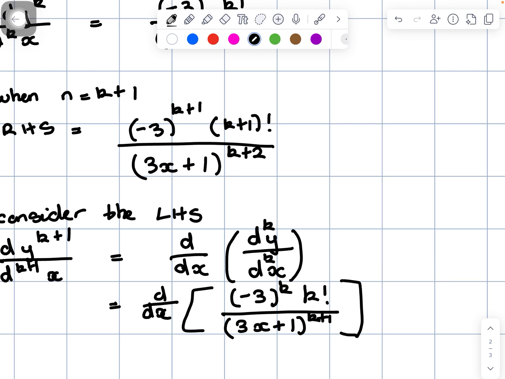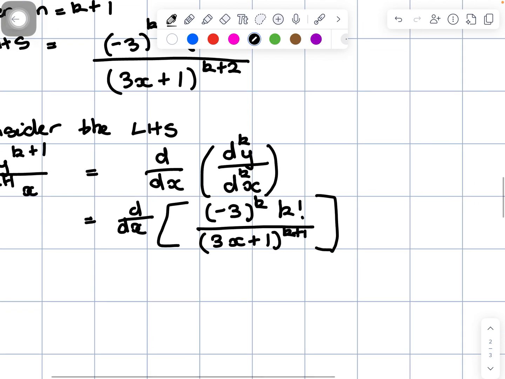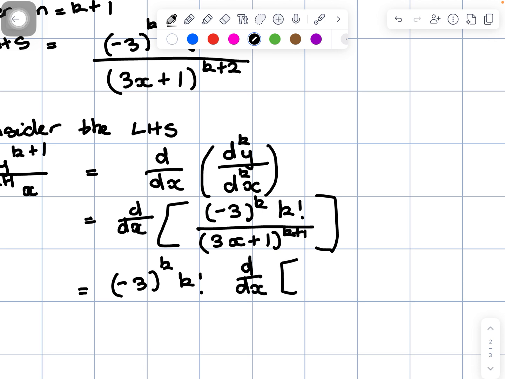So I want you to note this. As you are differentiating here, there are constants. Minus 3 to the power k factorial is a constant. So let's separate it in this form: minus 3 to the power k factorial, then differentiating 1 over 3x plus 1, because remember, we're differentiating with respect to x.